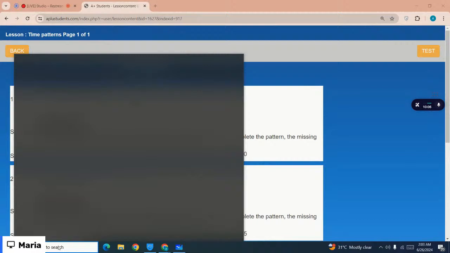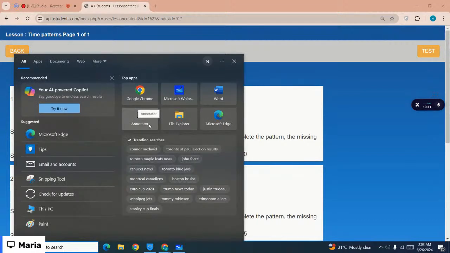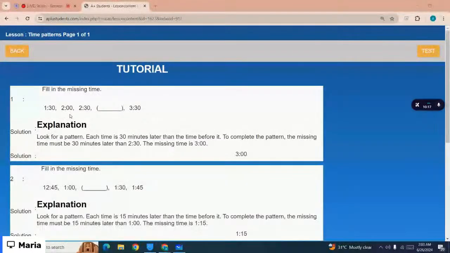You have to find the pattern and then find the missing one. How do we find it? The difference between 1:30 and 2:30 is 1 hour. Then 2:30 to 3:30 is again 1 hour. So every time the time is increasing by 1 hour, right? So when you add 1 hour to 2:30, that means 3:30 is missing.